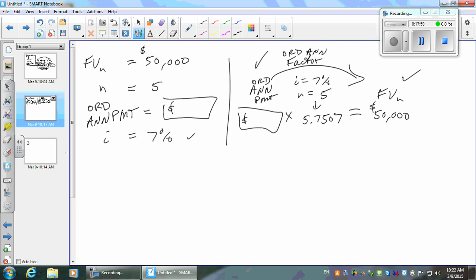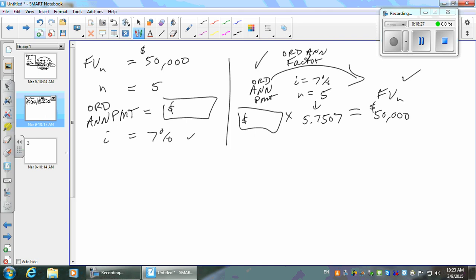That $5, when you add interest to it, is going to grow to $5.75. The first one earns interest for 4 periods, because you put it in at the end of the first period and it stays for 4 periods. The second earns interest for 3 periods, the third 2 periods, the fourth 1 period. The last payment, you deposit it, and then you have no time to add any interest. It's just $1 added.